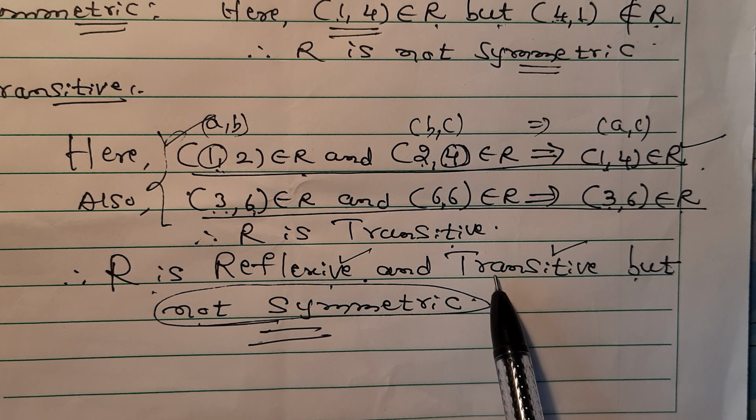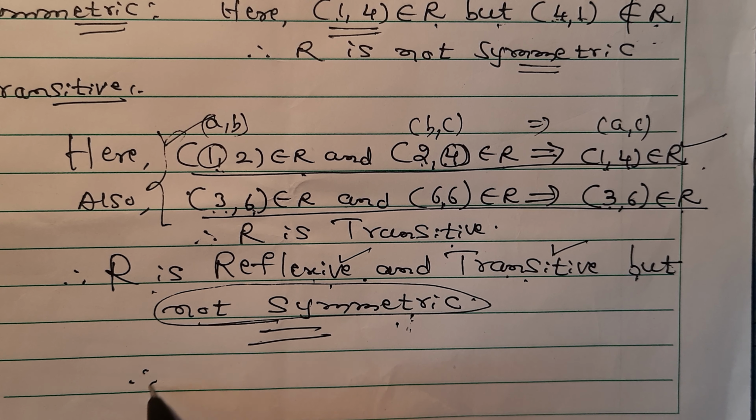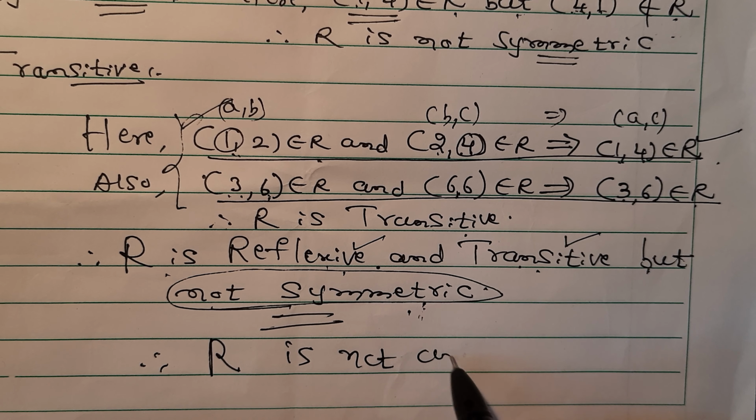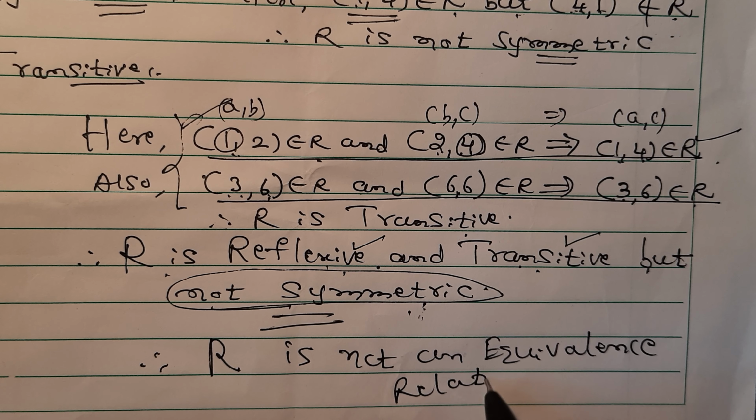This is a very good example for reflexive, transitive but not symmetric. Therefore we can say here R is not an equivalence relation. Not an equivalence relation. So in this way we can work out this problem.